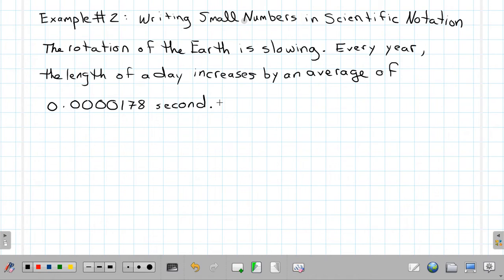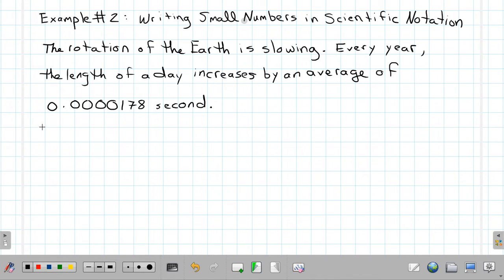Okay, so every year, the length of the day increases by an average of 0.00000178 second. Okay, but once again, that's all extra information here. What we really need to focus on is this number, okay?